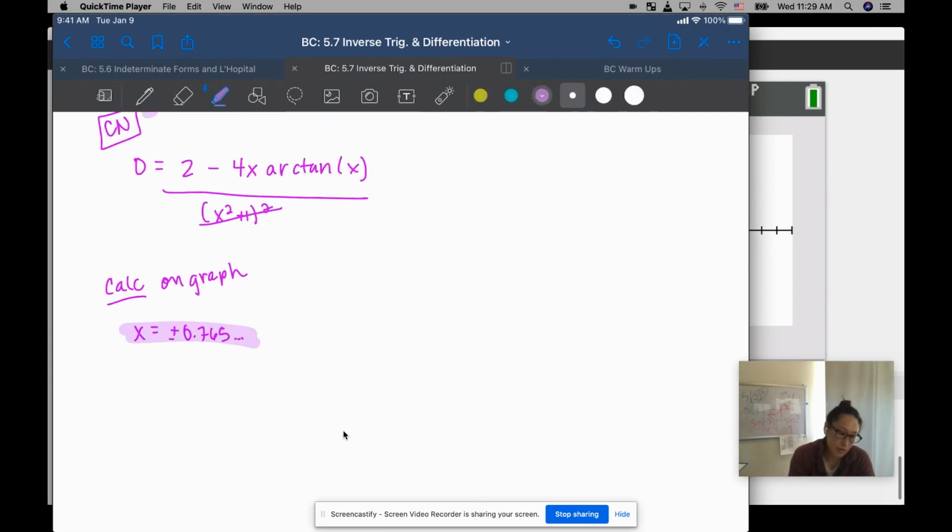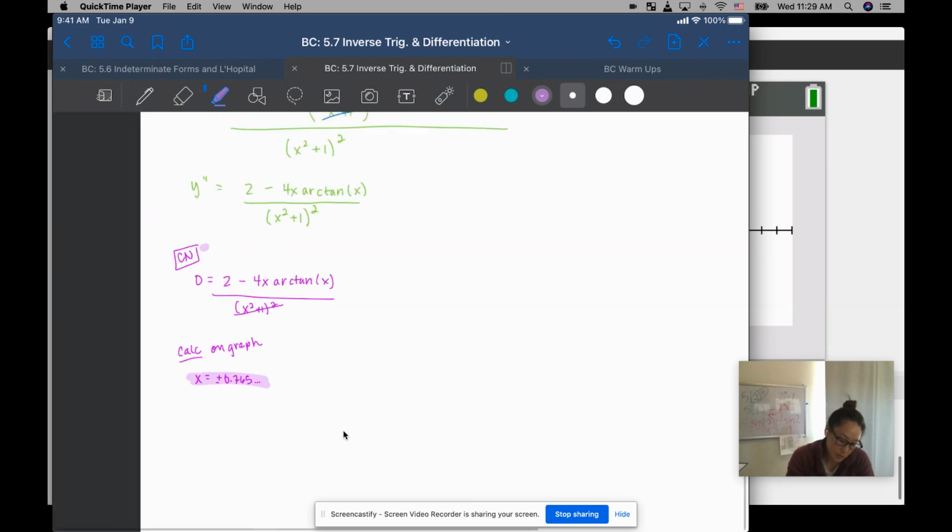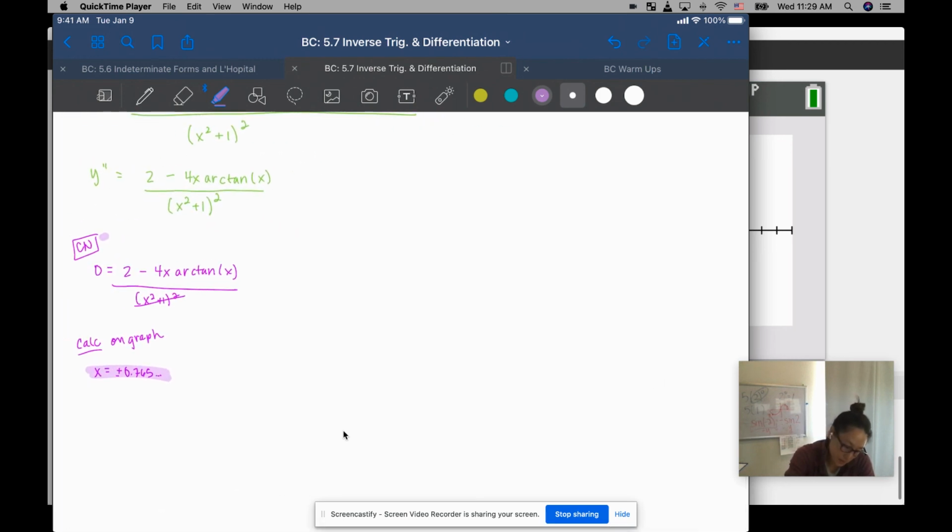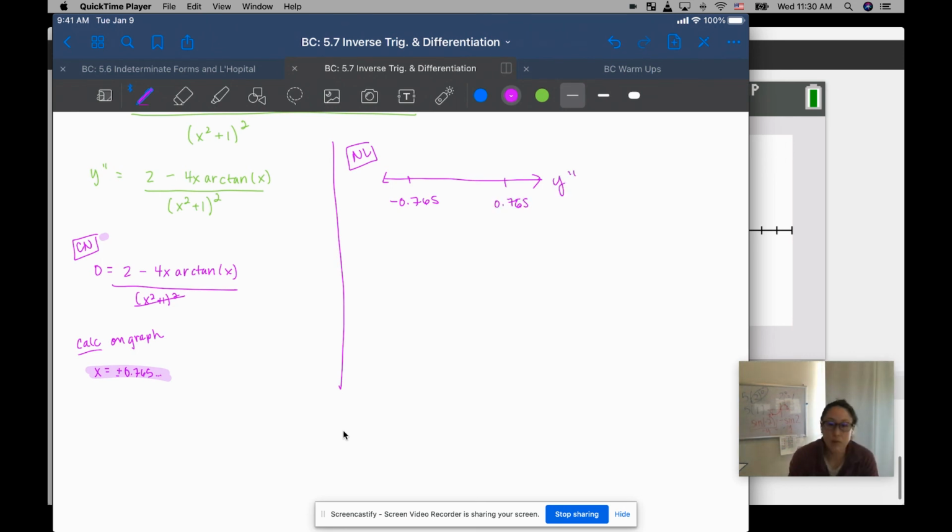So now that I have my zeros, it's time to build myself a number line. Okay, so I have my number line with negative 0.765 and positive 0.765, and this is the y double prime number line.